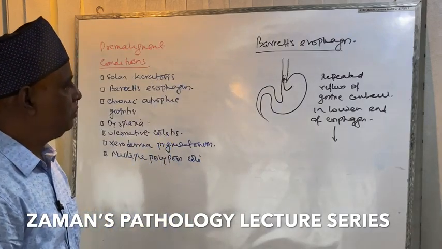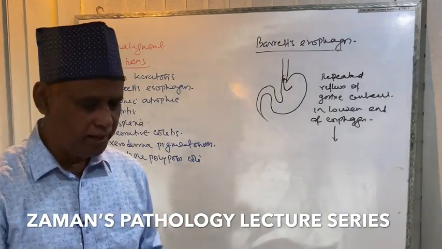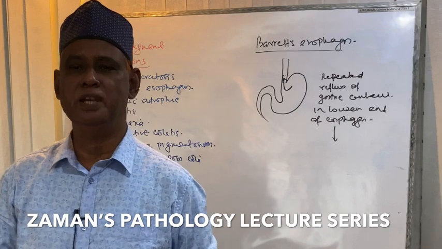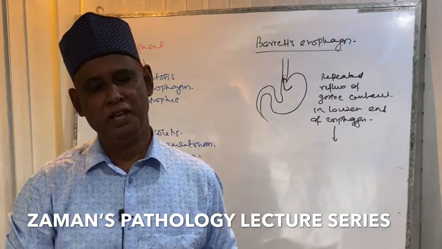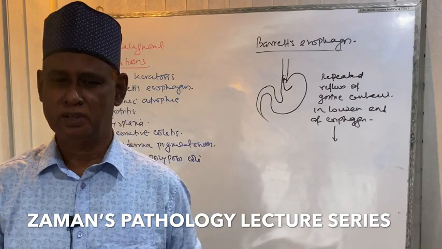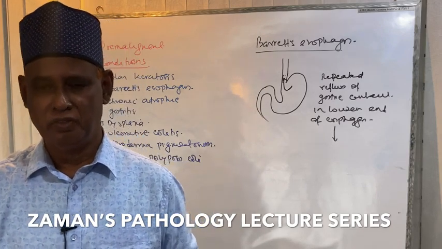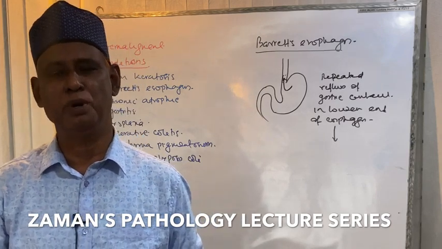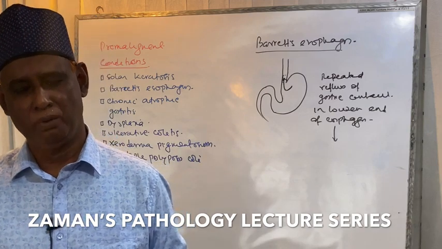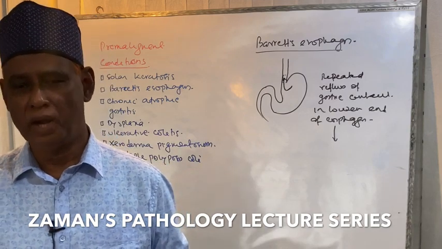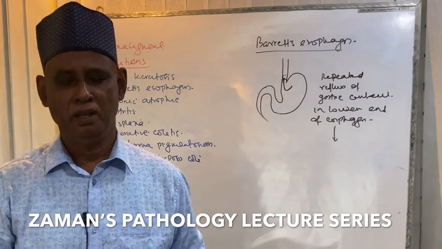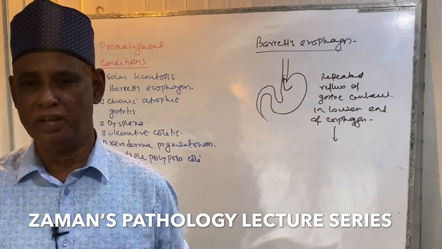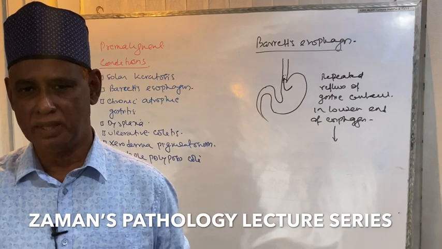We know the esophageal lining epithelium is stratified squamous epithelium, and the lining epithelium of stomach is columnar epithelium. The columnar epithelium of stomach can tolerate hydrochloric acid, but the lower end of esophageal lining stratified squamous epithelium cannot tolerate hydrochloric acid.